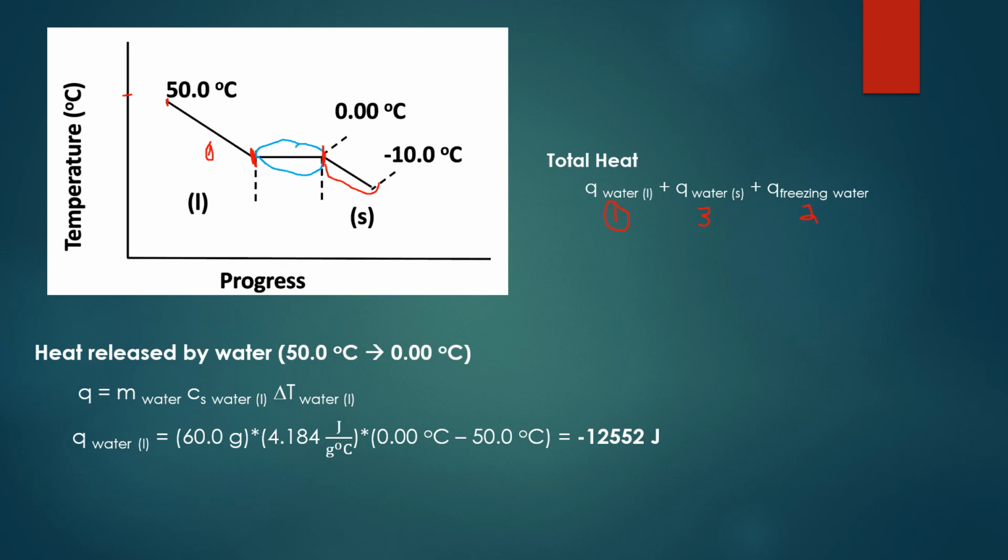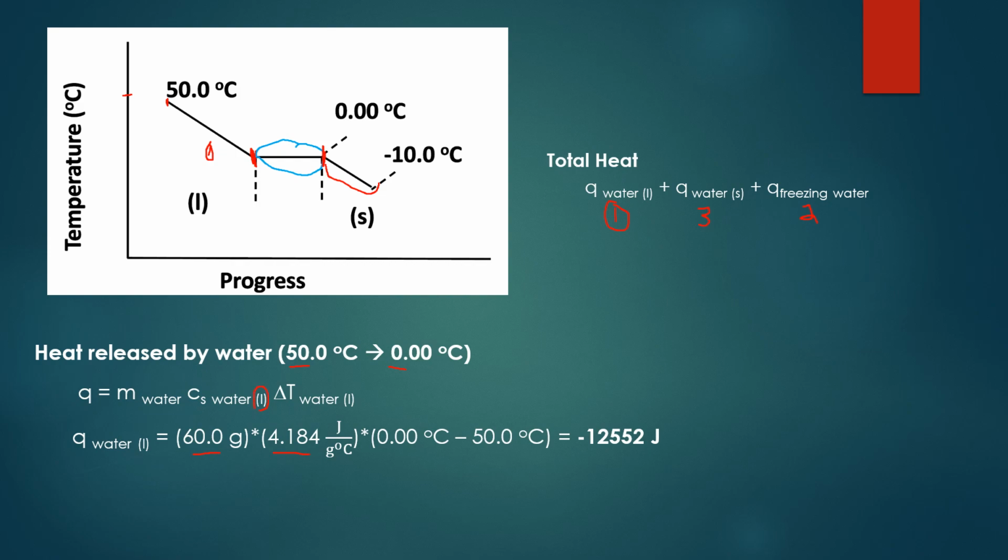So let's start with the first step, in which we are starting at 50 degrees Celsius and cooling down to 0 degrees. Since there's a temperature change, we're using mc delta T. The mass of water was 60 grams. The specific heat of water when it's a liquid is 4.184, so make sure you're using the correct specific heat, in this case, when it's a liquid.